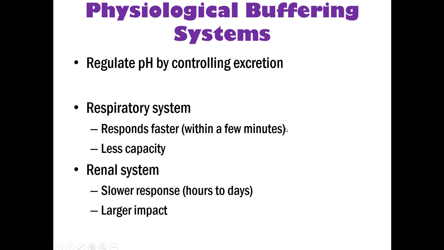However, if things overwhelm the chemical buffer systems, then we use physiological buffer systems. And they regulate pH by essentially controlling what we excrete. The lungs will allow us to excrete carbon dioxide, that changes our blood pH, or hold on to carbon dioxide.